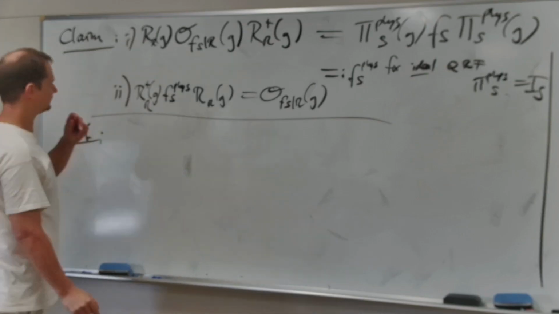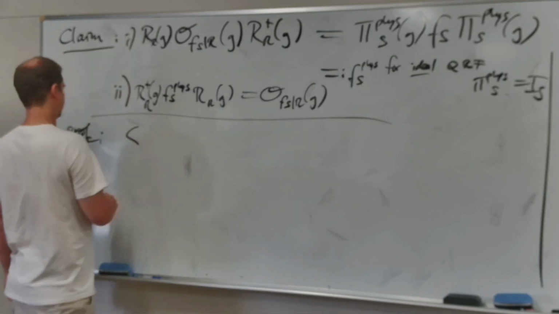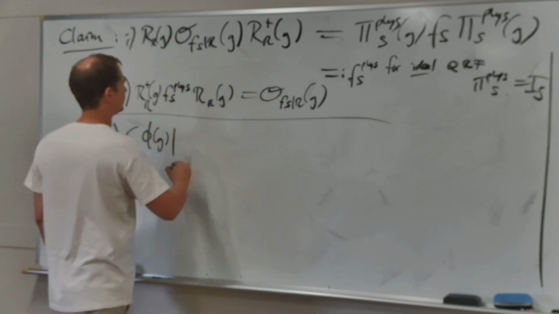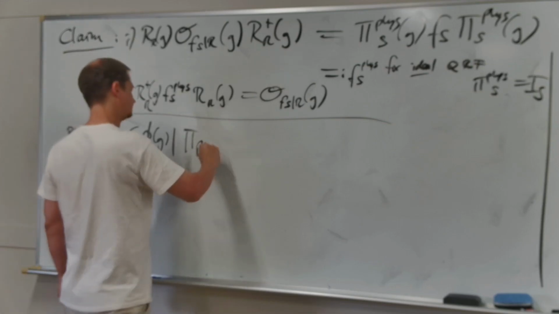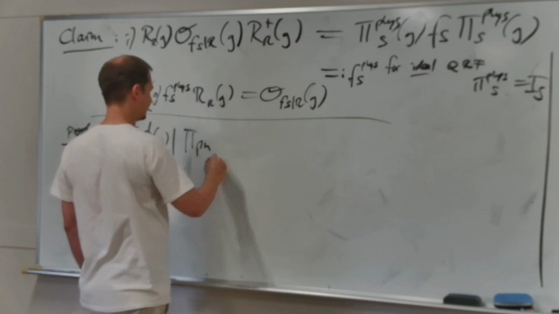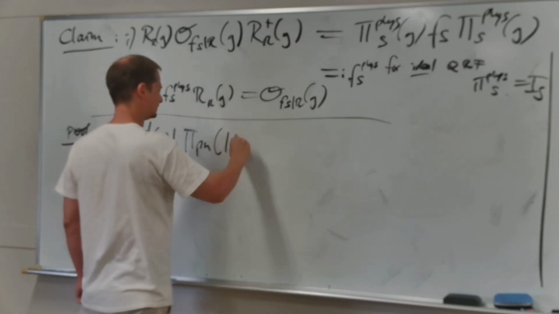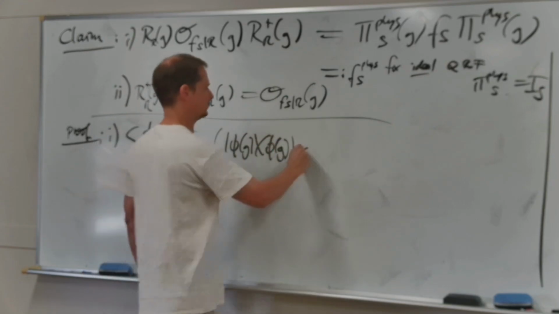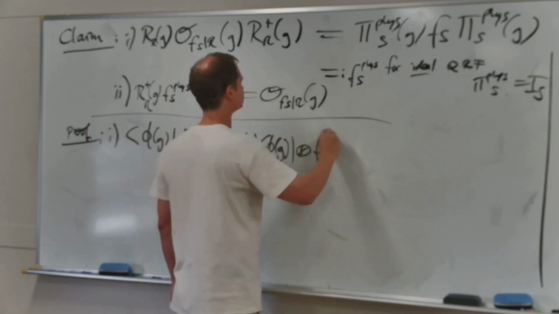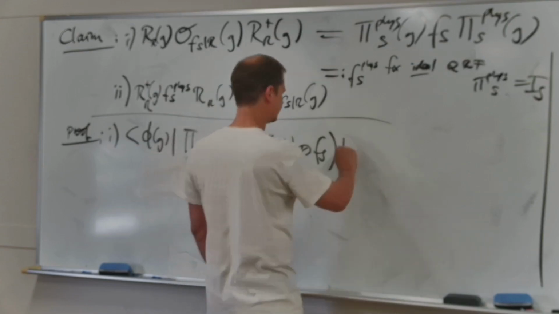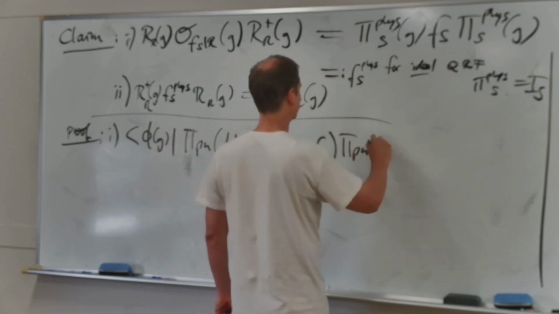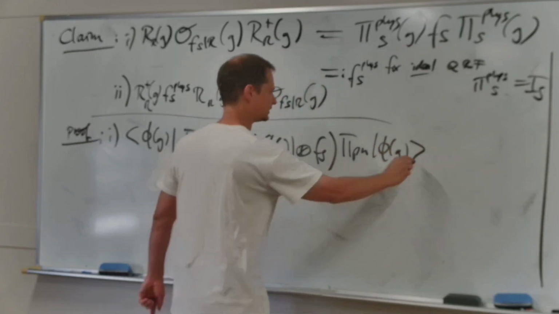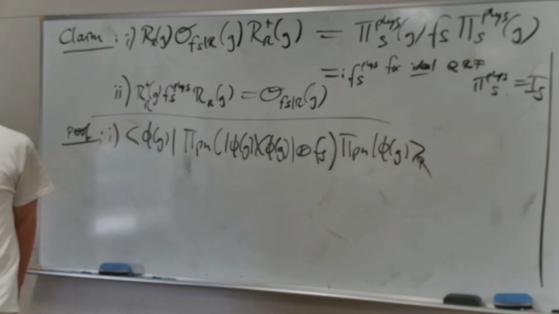Let's see, maybe I'll do that very quickly. So we have phi of G here, then we had pi Pn in this guy, then we had phi of G times fs. Then from the definition, I get pi Pn, and then phi of G. I'm just inserting the definitions that we have.